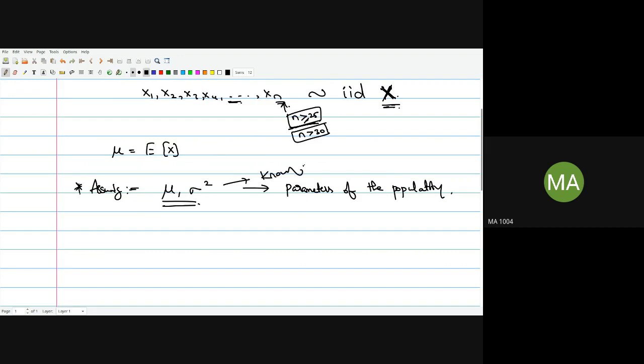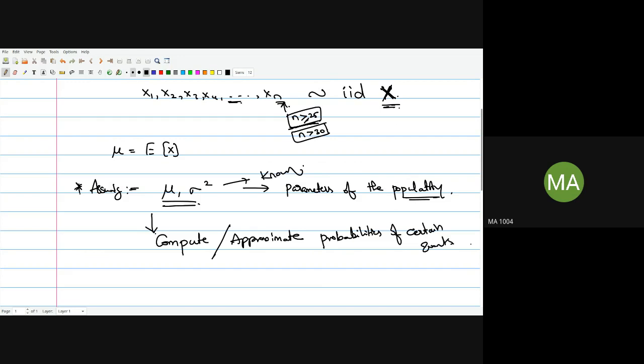Once you know this of any population, in this week 7 what we are going to do is compute or approximate probabilities of certain events.